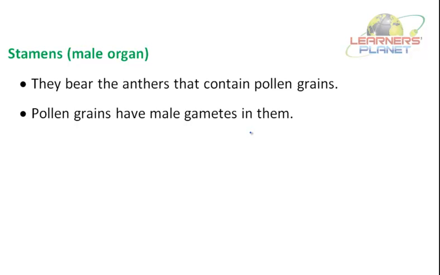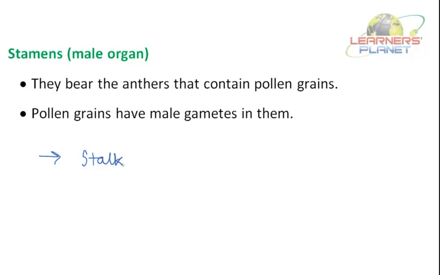The stalk of the stamen is called filament and the swollen top of the stamen is called anther. So remember students that the stamen is made up of two parts, filament and anther.